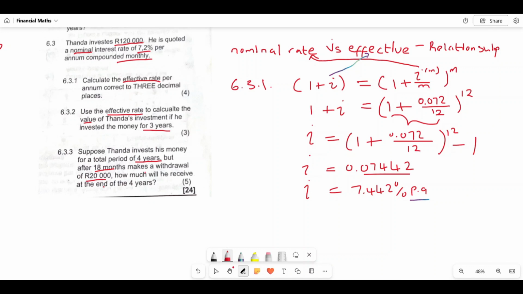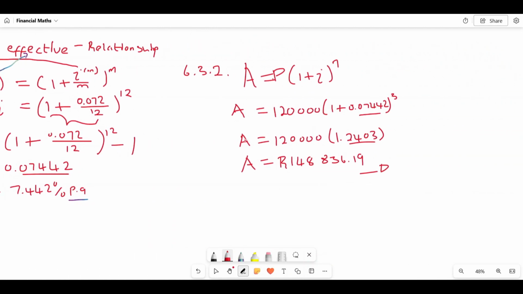So basically, Tanda is investing the same amount of money here at the same effective rate, but for 4 years, and he's going to withdraw 20,000 after 18 months, which is 1.5 years. All right, we have all we need. So let's tackle the question.